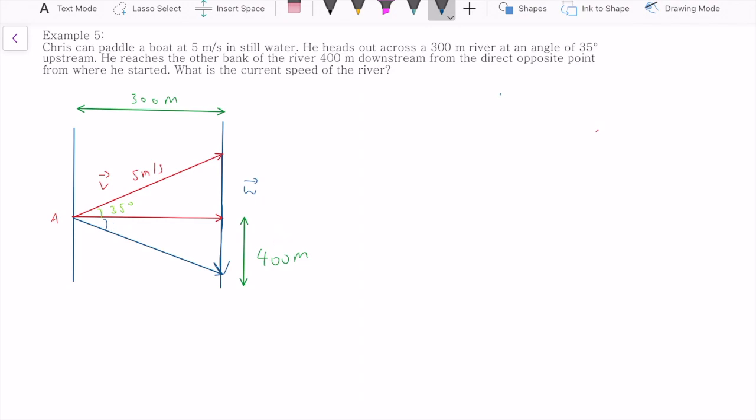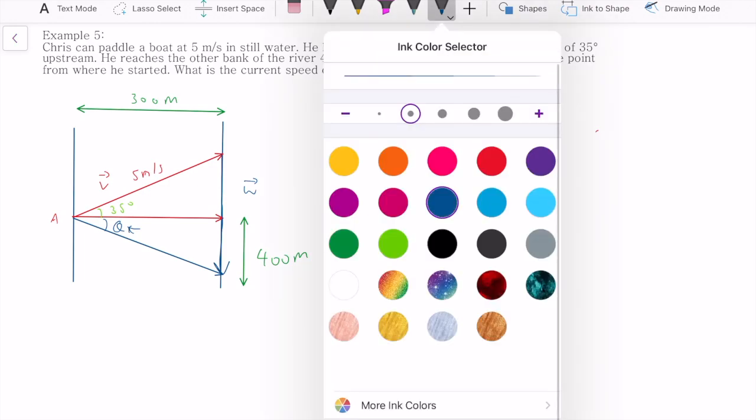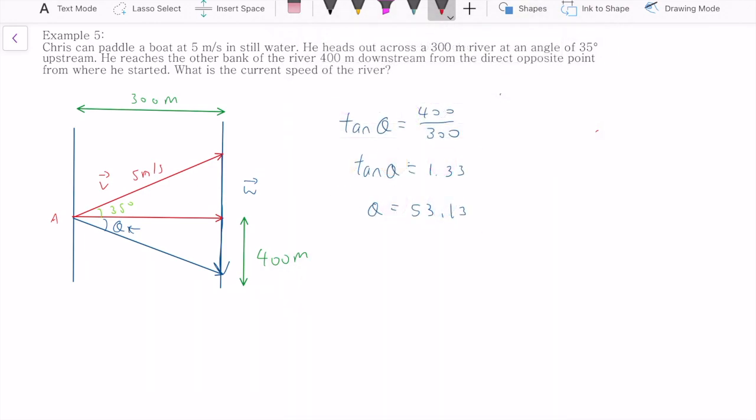So right off the bat, we can do tan theta equals 400 over 300. So it's SOHCAHTOA. So tan theta equals around 1.33, and theta is 53.13 degrees.